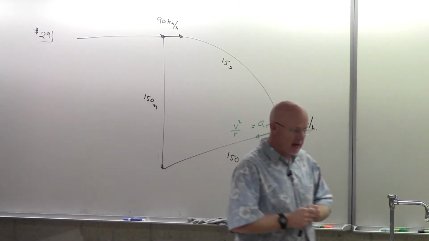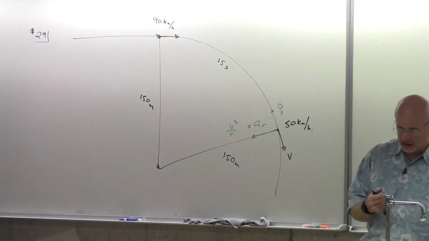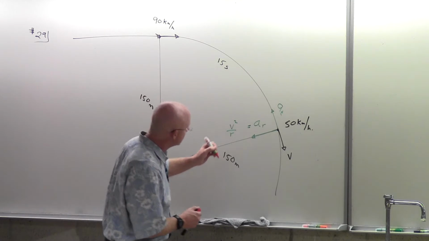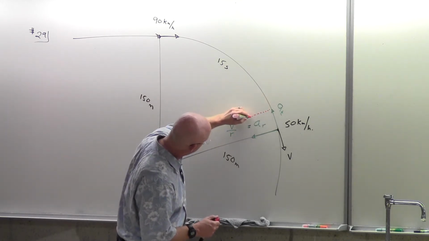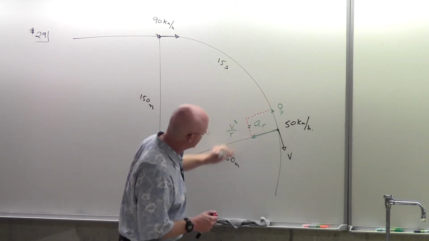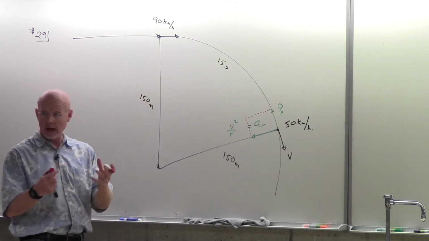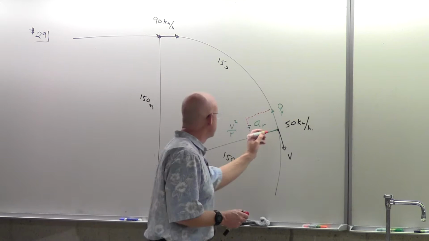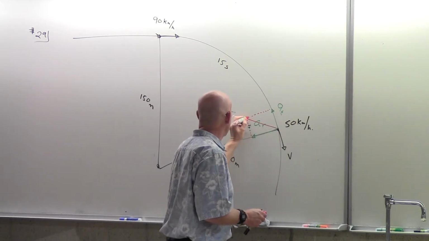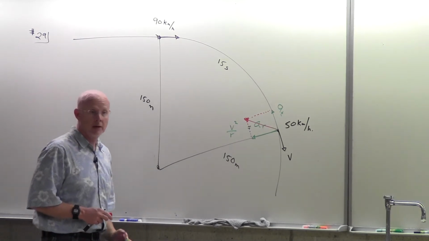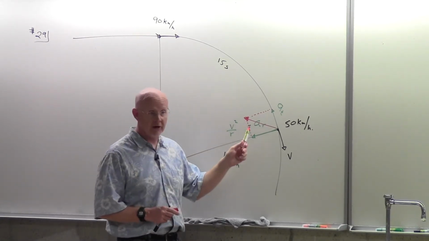That would mean the total acceleration is the sum of those two components. I'll make a parallelogram out of this, and since they're at right angles, that would be a rectangle. The total acceleration is really that, and that's our acceleration vector.